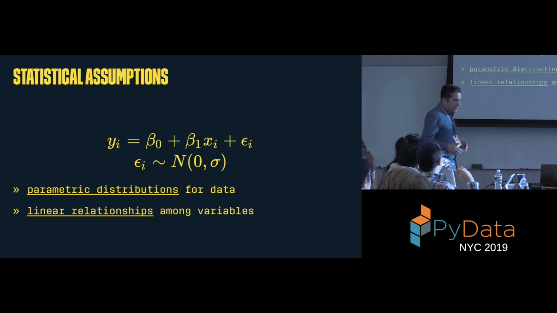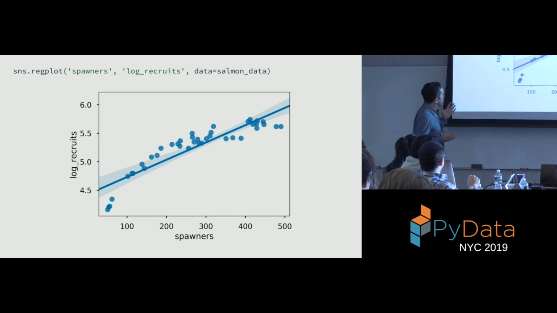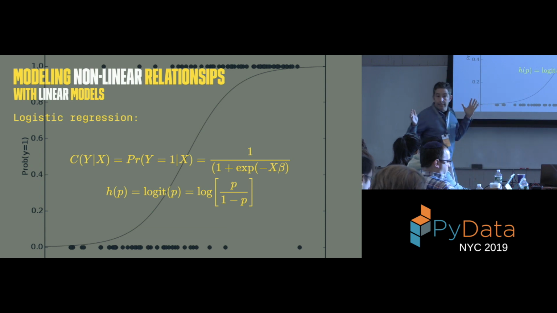These things generalize, but this is an example we're going to see in one of the notebooks. This is spawning salmon and the number of recruits that they get. And linearity holds in some places and not others. But we can generalize linear models.